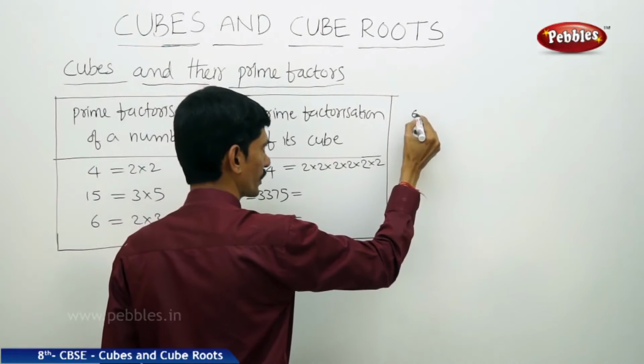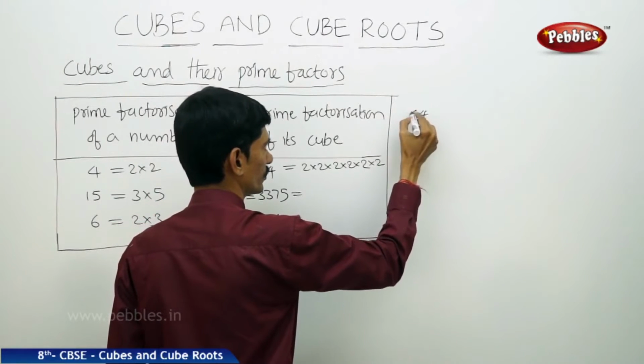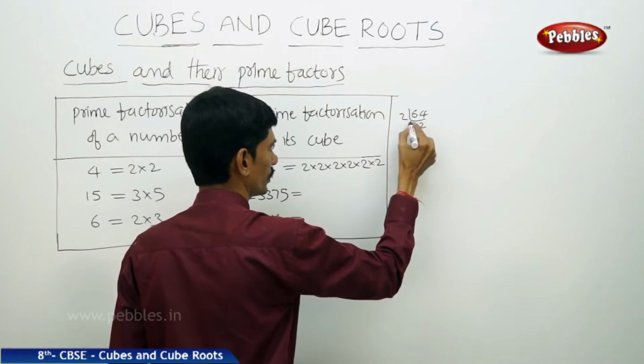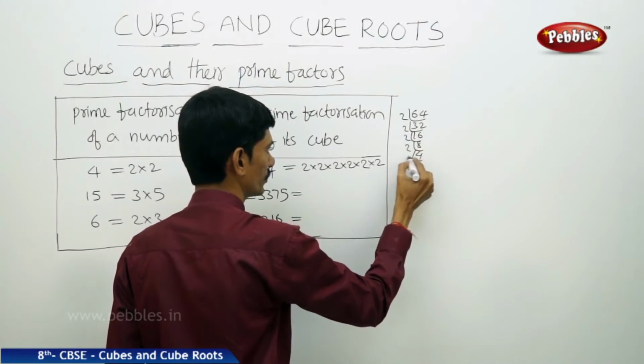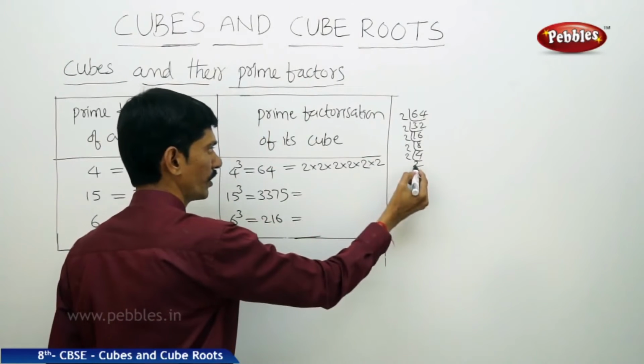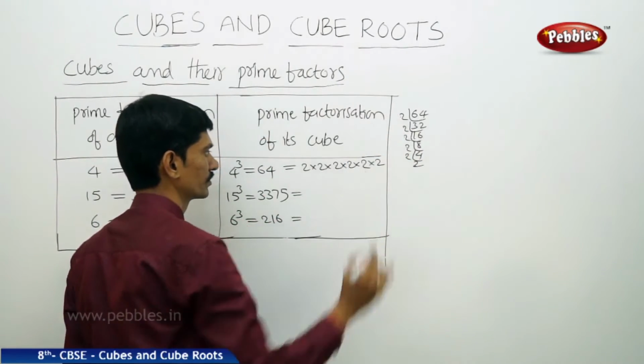So if you observe the factorization of 64, 2 32s are 64, 2 16s are 32, 2 8s are 16, 2 4s are 8, 2 2s are 4. So here there are six 2s.